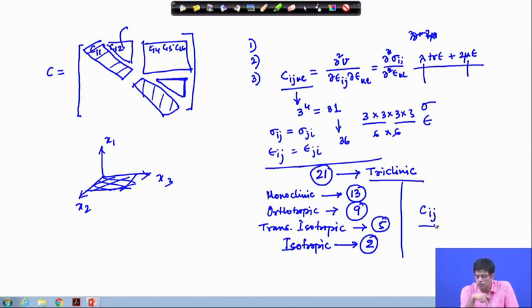Then we derived how these engineering constants are bounded. We found that for a general orthotropic material, E1, E2, E3, G12, G23 and G13 should be greater than 0, and the Poisson's ratios nu12, nu13 and nu23 should be less than half.